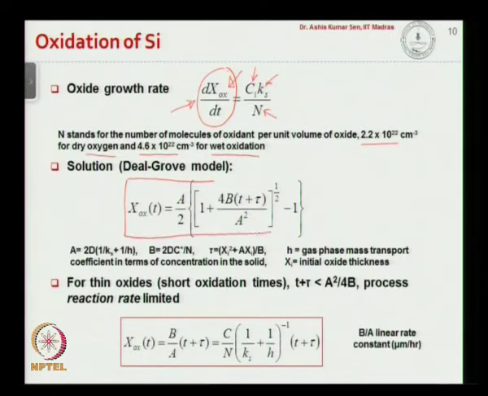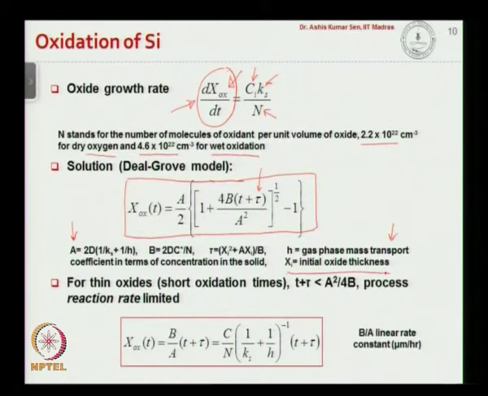It is A over 2 into the square root of 1 plus 4B into (t plus tau) over A squared, minus 1, where A is 2 into the diffusion coefficient into (1 over the rate constant plus 1 over the mass transfer coefficient h), and B is 2 into the diffusion coefficient C star over N, and tau is the time constant given by xi squared plus A xi over B, where h is the mass transport coefficient we have already defined.